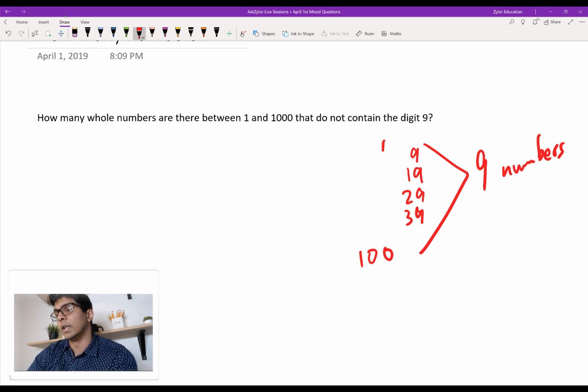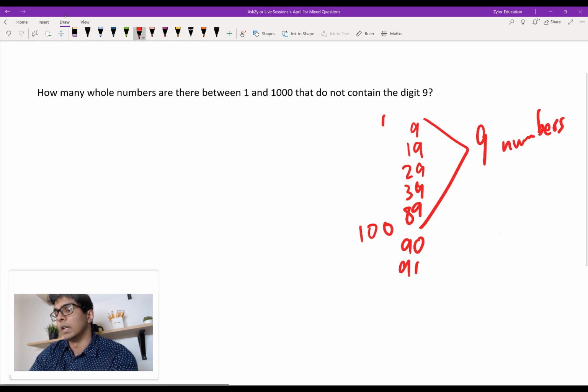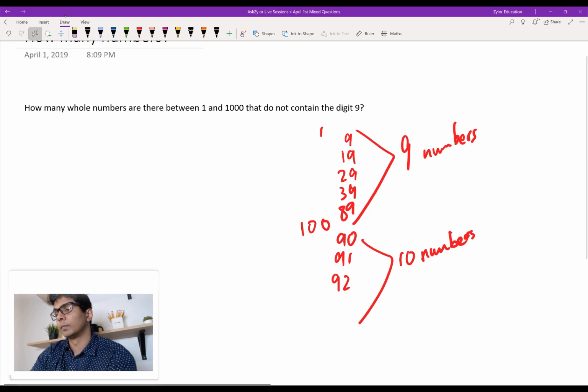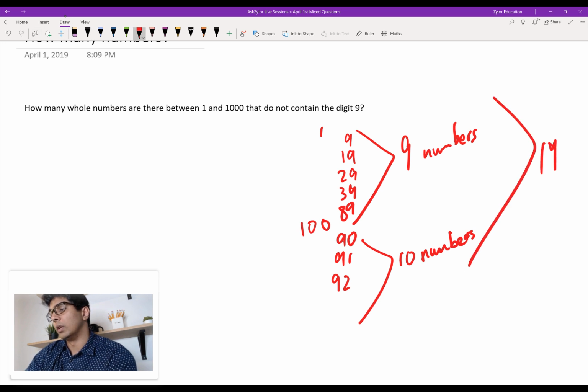Because once we hit 89, every number afterwards is going to contain 9, 90, 91, 92, and so forth. So that means 10 numbers, again, are going to contain 9. So in total, we have 19 numbers between 1 and 100 that contain 9.